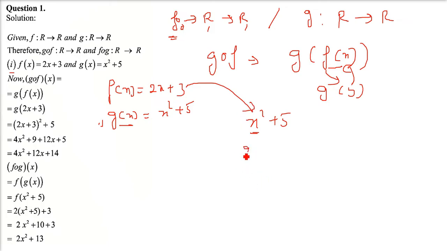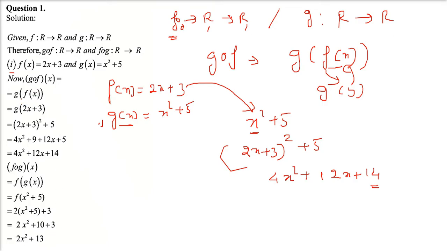So this is (2x plus 3) whole squared plus 5. When you open this and rearrange, you will get 4x square plus 12x plus 14. This is g of f(x), or (g o f)(x).